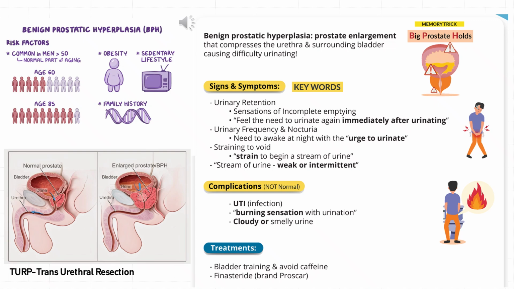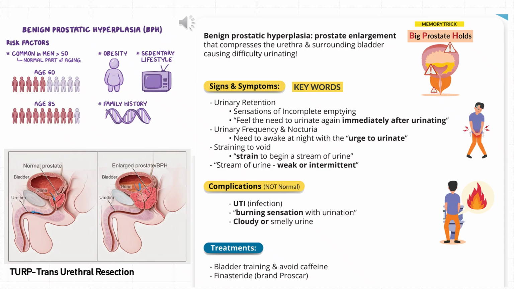Okay, so now we're going to talk about BPH, or benign prostatic hyperplasia. BPH is an enlargement of the prostate gland that is non-cancerous, and it typically occurs in older males. As this prostate enlarges, it starts to compress the urethra, which leads to lower urinary tract symptoms.